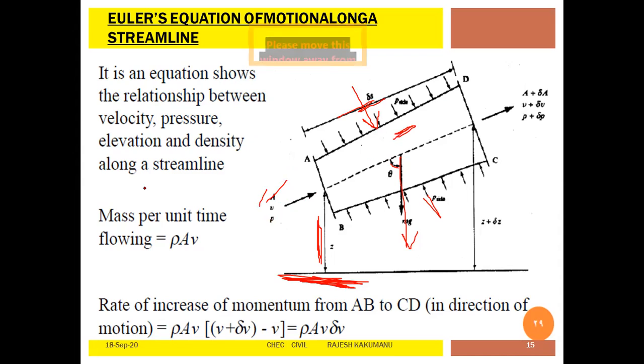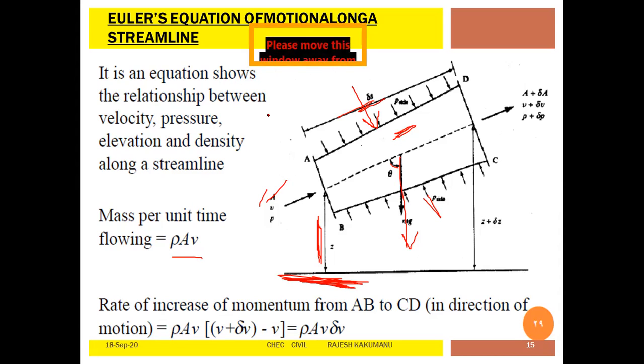The mass per unit time of flowing is equal to rho into A into velocity, that is already known. Next, the rate of increase of momentum from AB to CD.